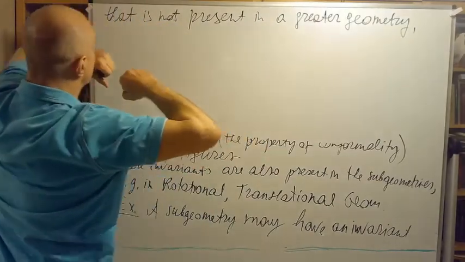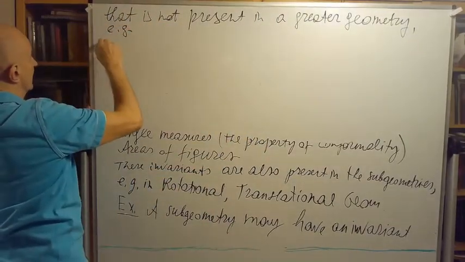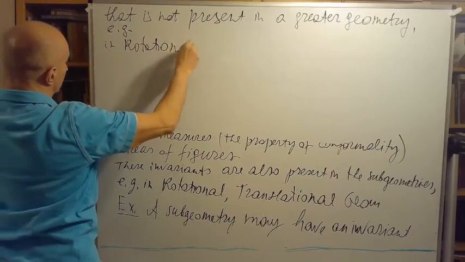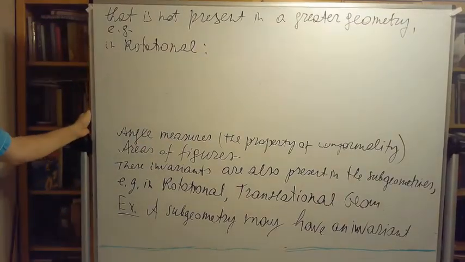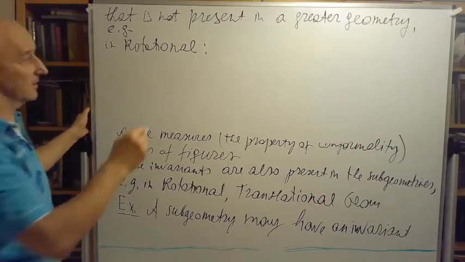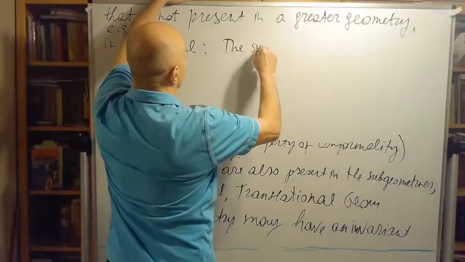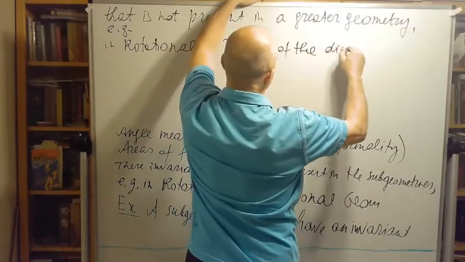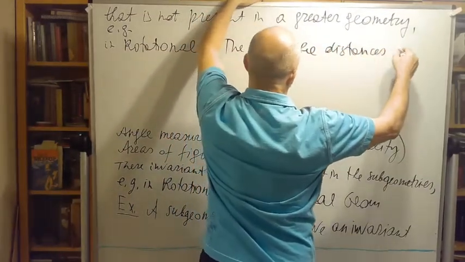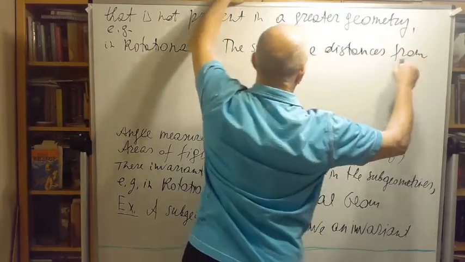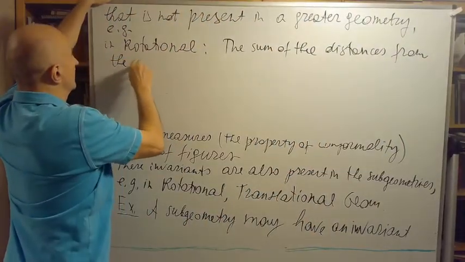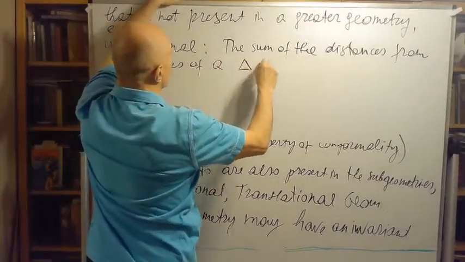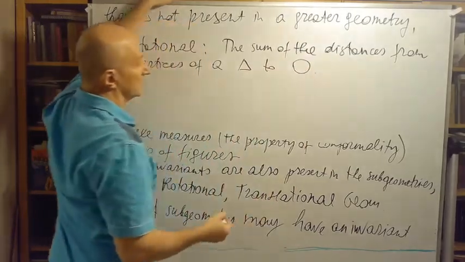For instance, in rotational geometry I can easily invent such an invariant. The sum of the distances from the vertices of a triangle to the origin.